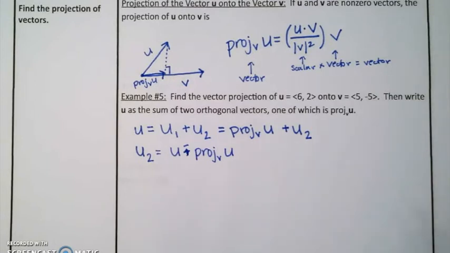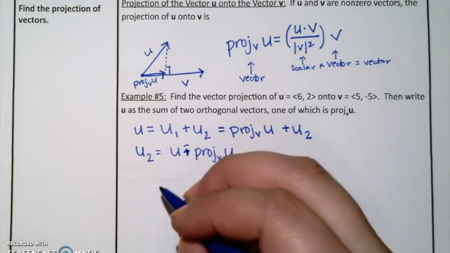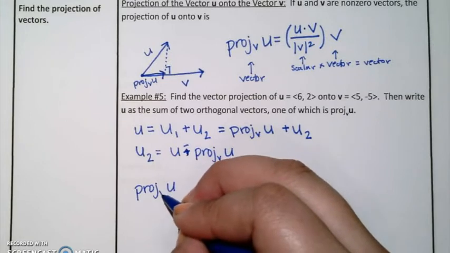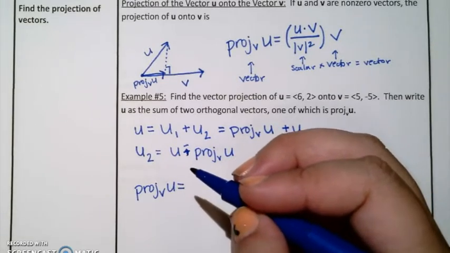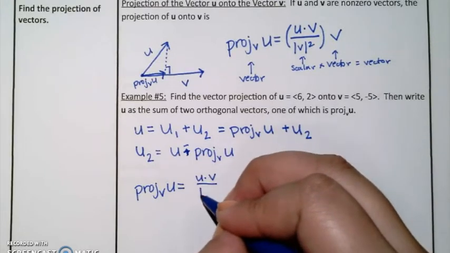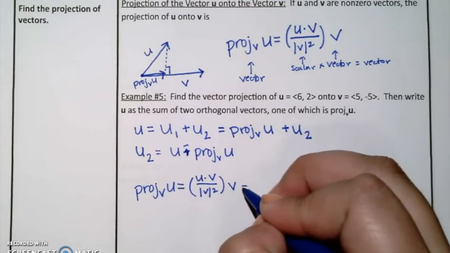Okay, so now let's calculate the projection so that we can calculate our second vector. So the projection of u onto v equals u dot v divided by the magnitude of v squared times v.